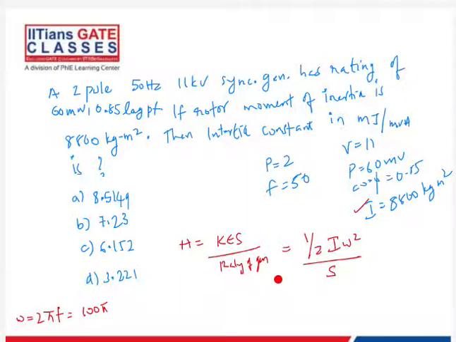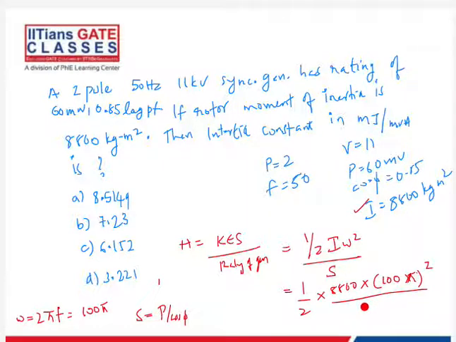And what is S? We don't know S. We know P and cos phi. S is equal to P divided by cos phi. So if you substitute, you will have 1 by 2 into 8800 into 100 pi, the whole square, divided by 60 into 10 power 6 divided by 0.85.